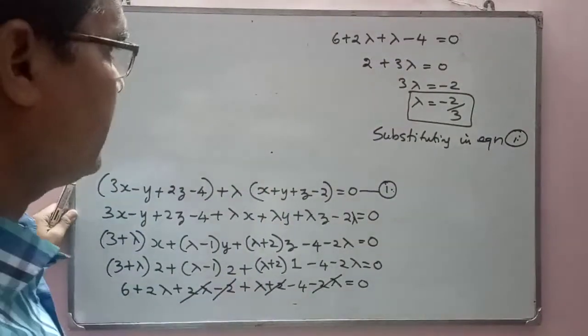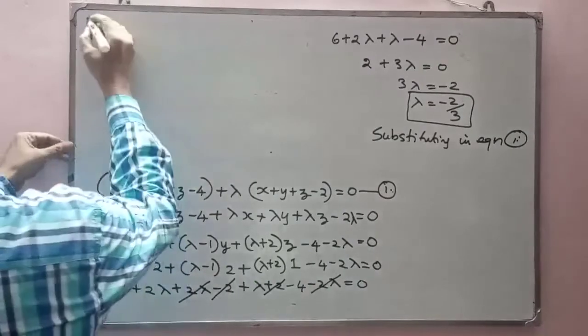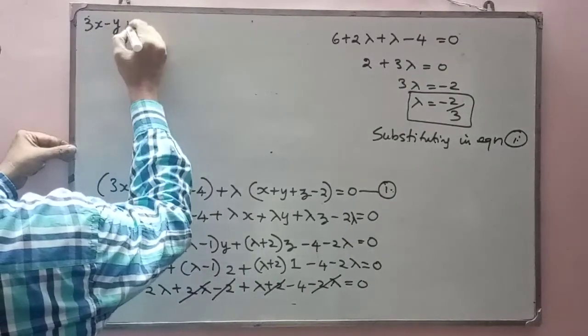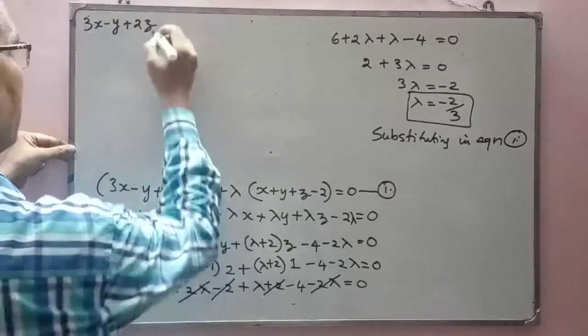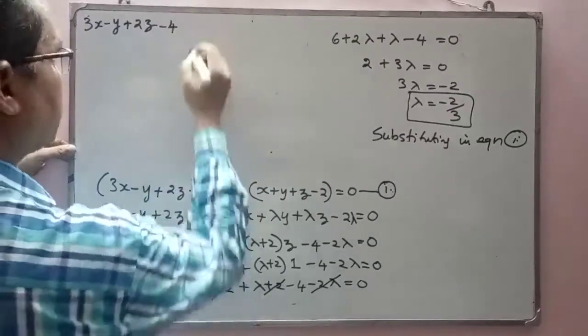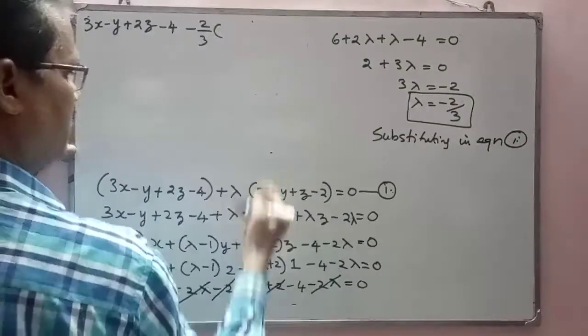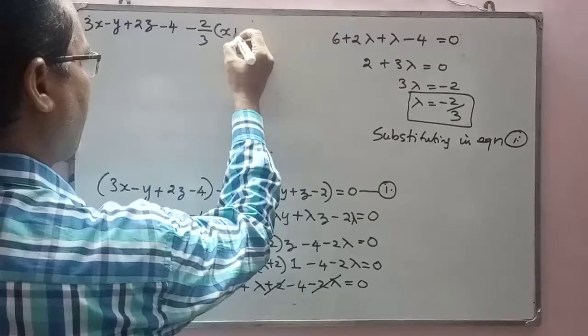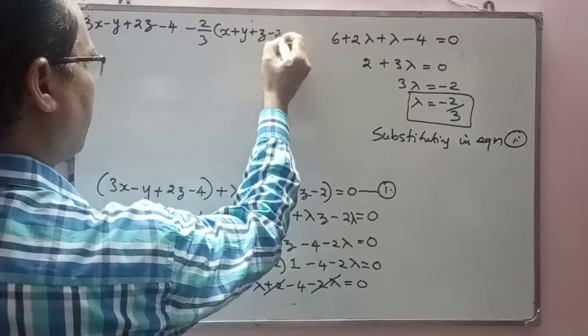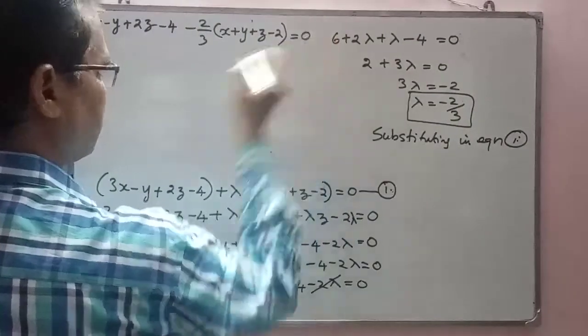Now substitute lambda as minus 2 by 3. So you have 3x minus y plus 2z minus 4 minus 2 by 3 times (x plus y plus z minus 2) equals 0.